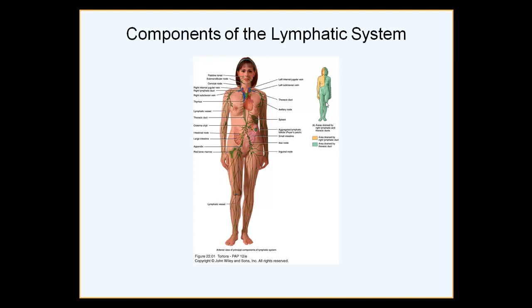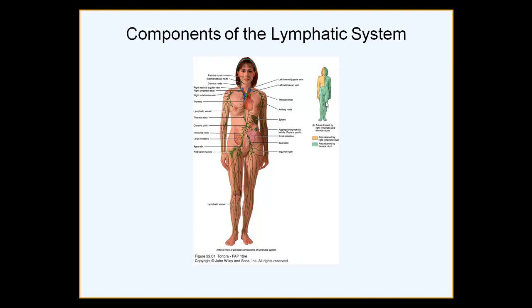Everything else is secondary, and that can include the lymph nodes, the mucosa associated lymph tissues, or what we call MALT, your tonsils, even the spleen. All of these we will refer to as secondary lymphatic tissue.